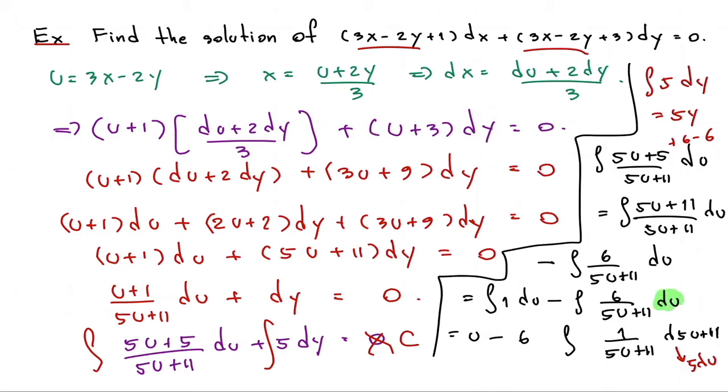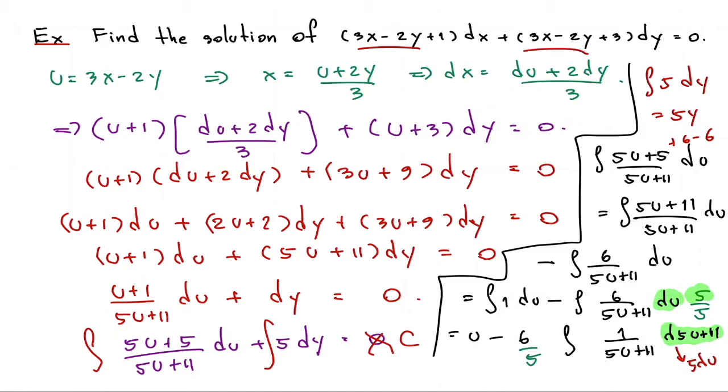So we can't just change it to 5 du. In order to do that, I'll need to multiply this by 5 and divide by 5. So the 5 du becomes d of 5u plus 11. So I have 5 here. Makes sense?